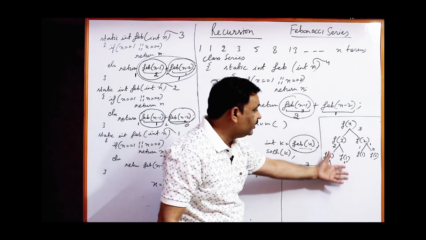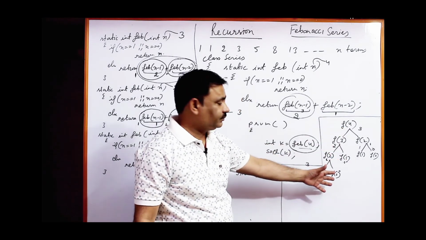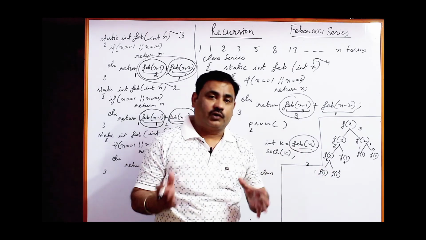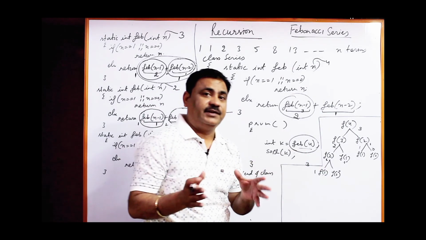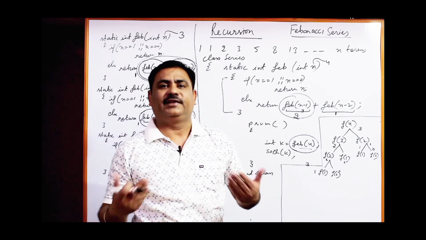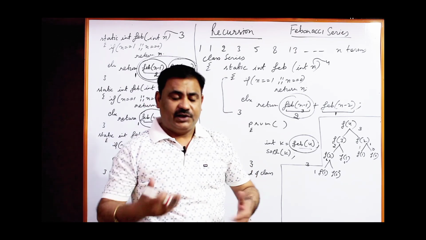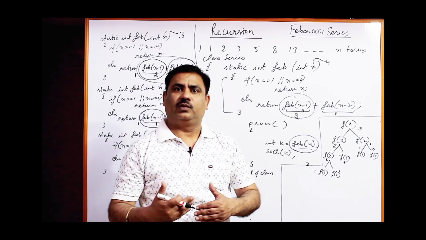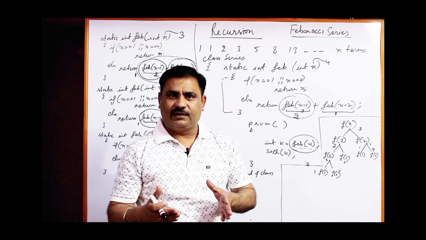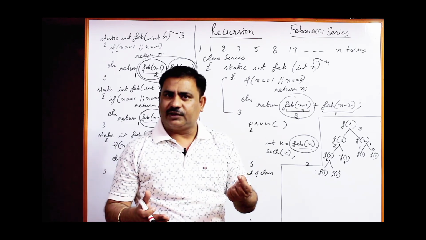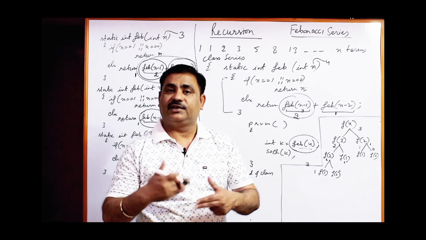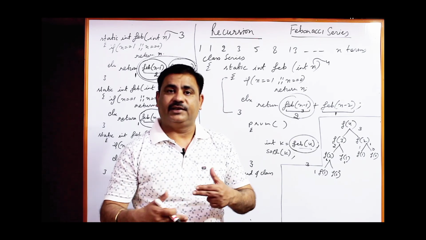So see how many times the function will be called in the memory. A lot of memory will be occupied. That's why we say recursion is slower than iteration. In iteration, that is in a loop, generally we take one variable, only one memory block is required, only the value of the same variable changes each time it iterates.